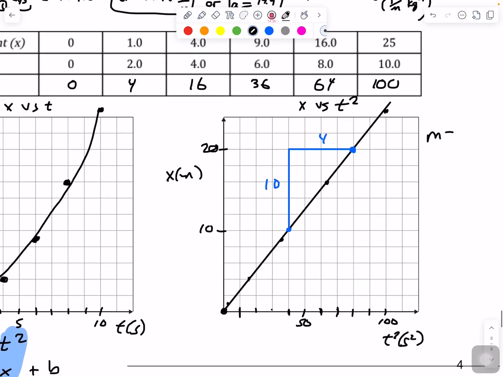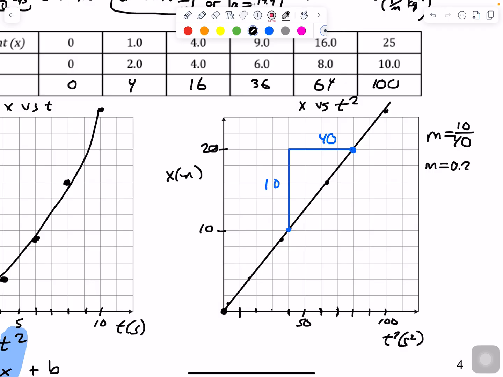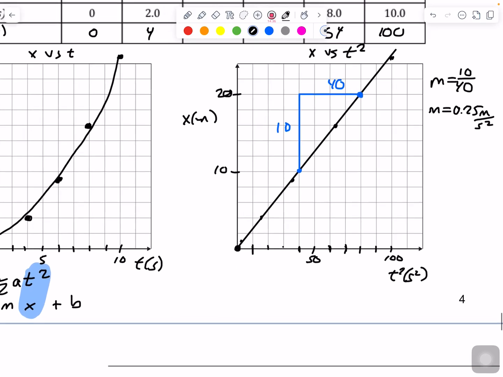This time my slope is going to be 10 over 40 instead of 10 over 4, so 10 over 40, which is 0.25, right? 1/4. 0.25 what? Meters over seconds squared.